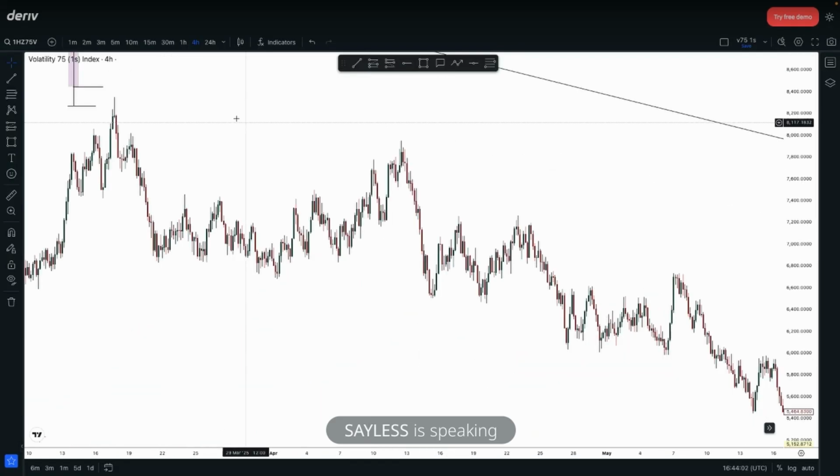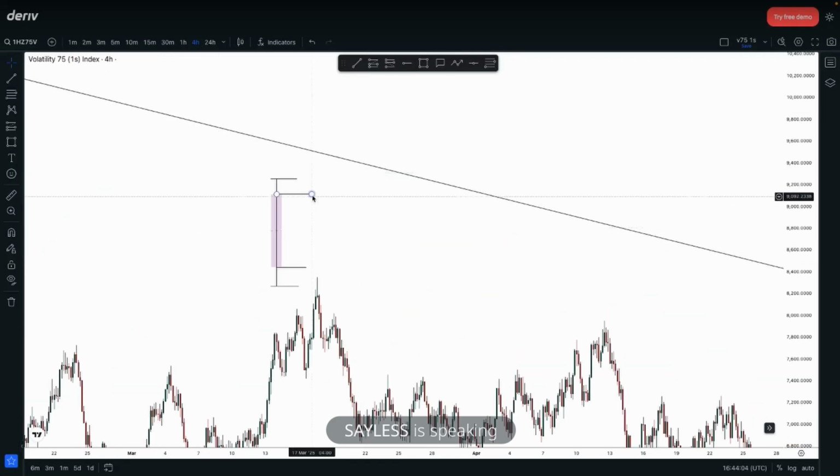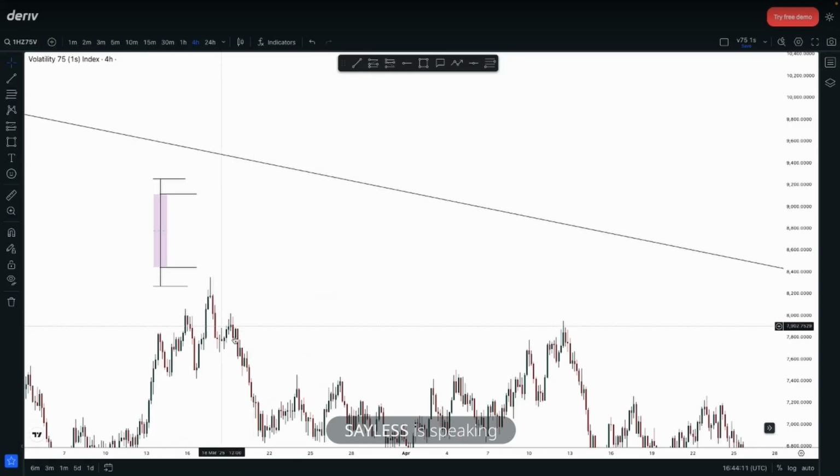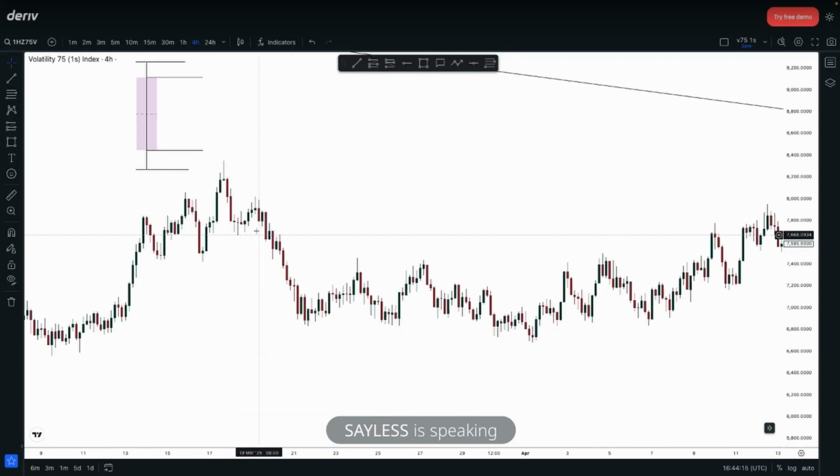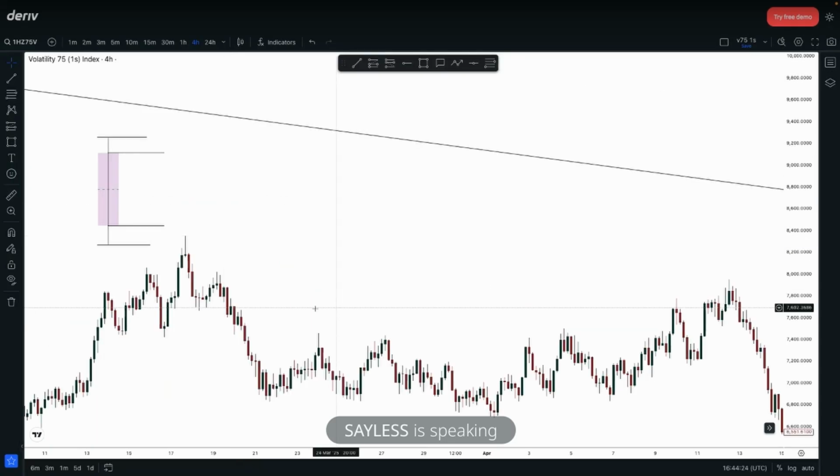Having that in mind and knowing how the candlestick tells a story, you can also use that to add to your technical analysis. Let's say for example a candle opens and went all the way to this area.